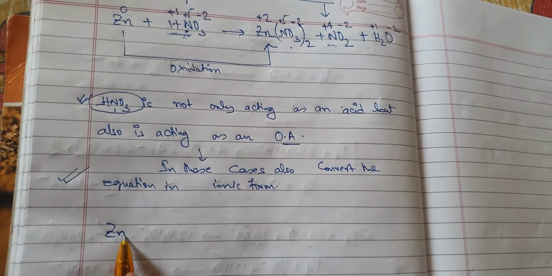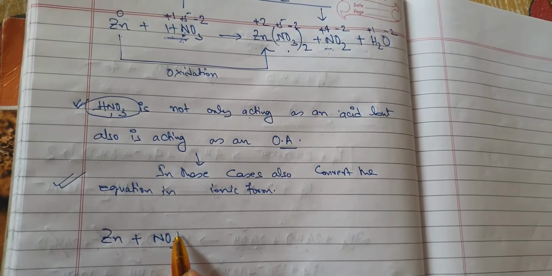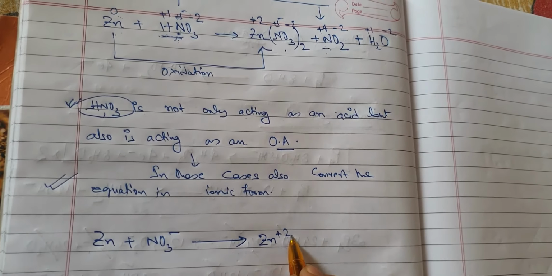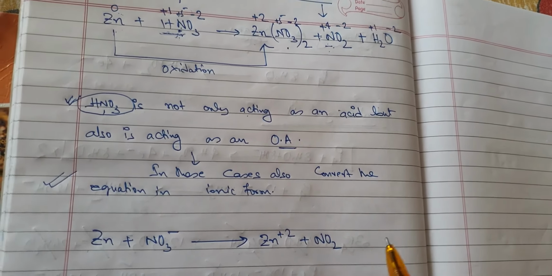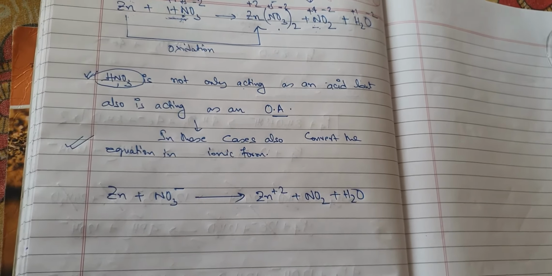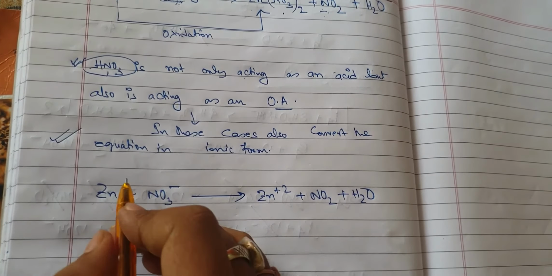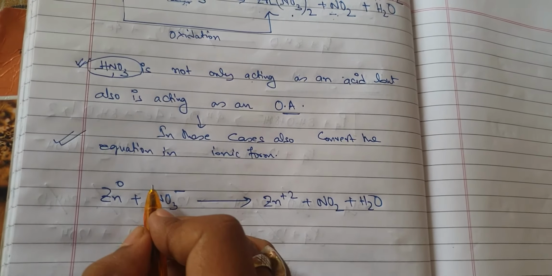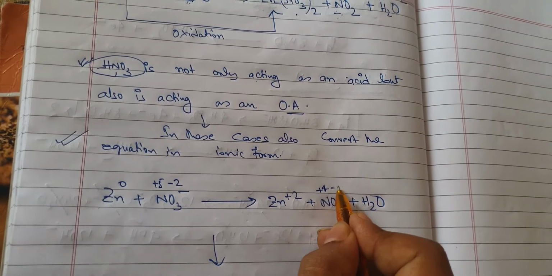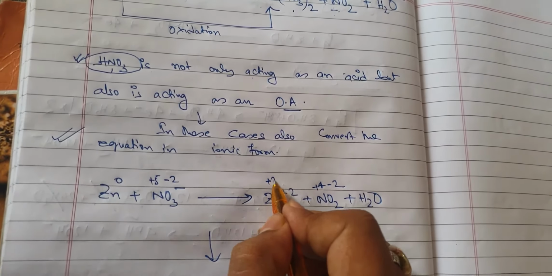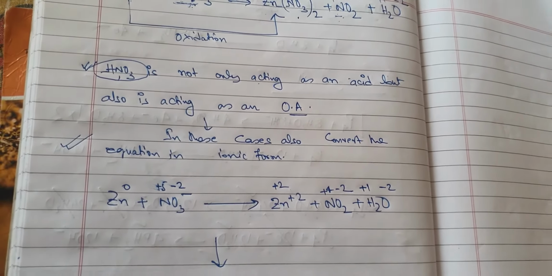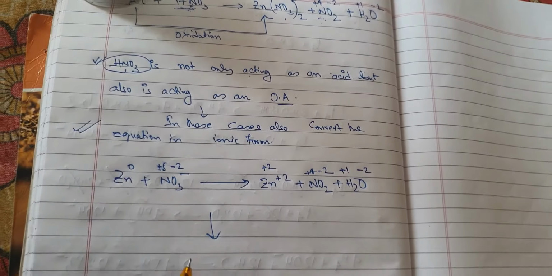So Zn plus NO3 minus should give Zn plus 2 plus NO2 plus H2O. So this should be your ionic skeleton equation. Now you will proceed. So Zn 0, NO3 plus 5, minus 2, plus 4, minus 2, it is plus 2, it is plus 1, it is minus 2. Okay, so I hope that you have understood.